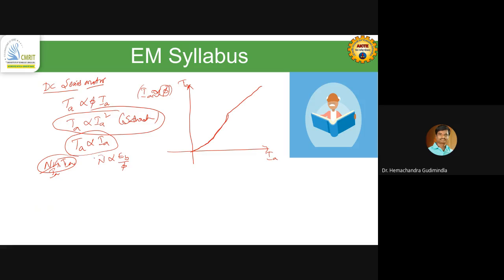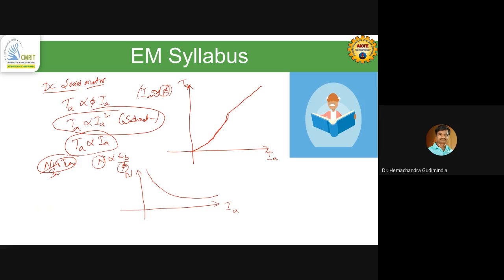So anyway, we know that speed is inversely proportional to phi and Ia also. So the graph will look like this. So now Ia versus speed, it is inversely proportional. Whenever the armature current is minimum, speed will be maximum, and vice versa. That means speed is maximum, armature current is minimum. Speed is minimum, armature current is maximum.